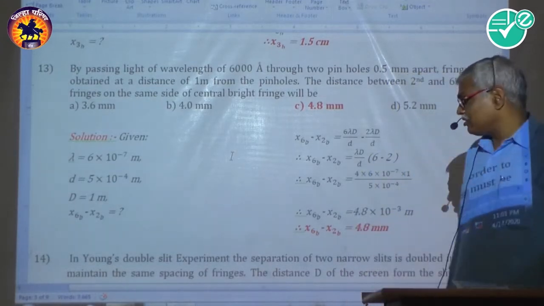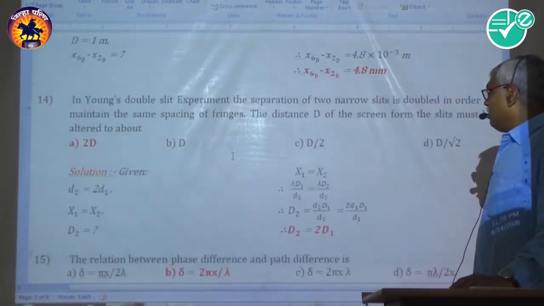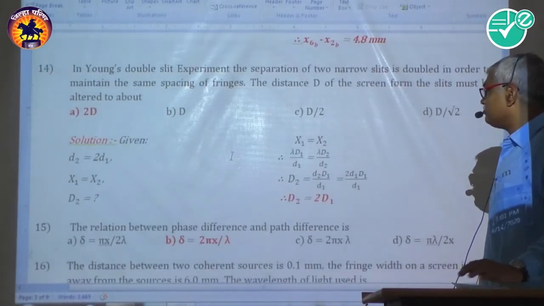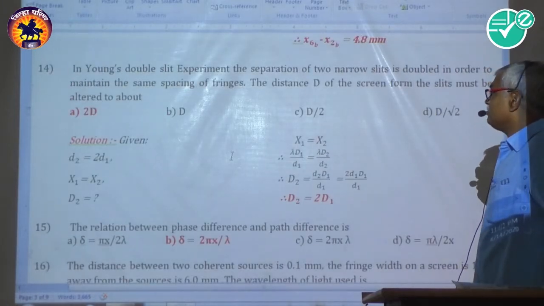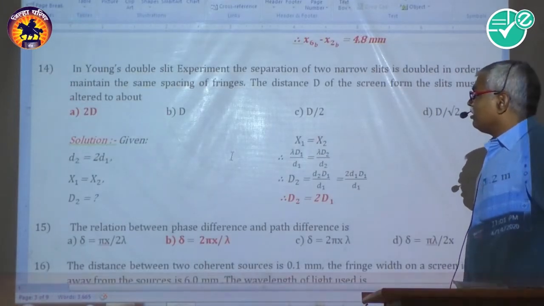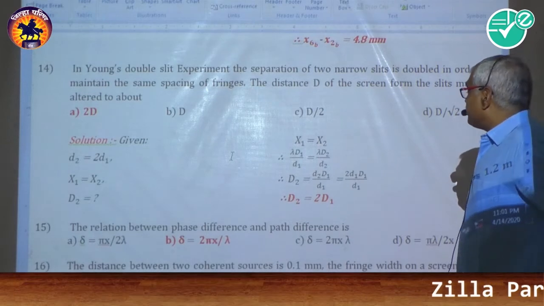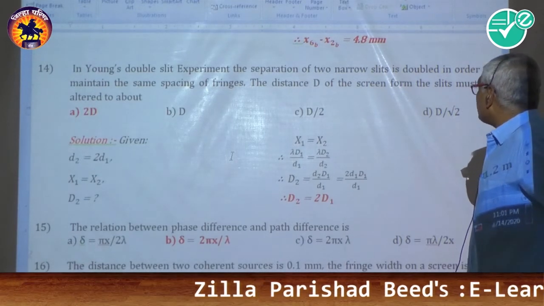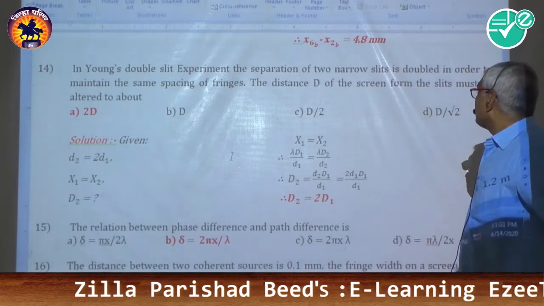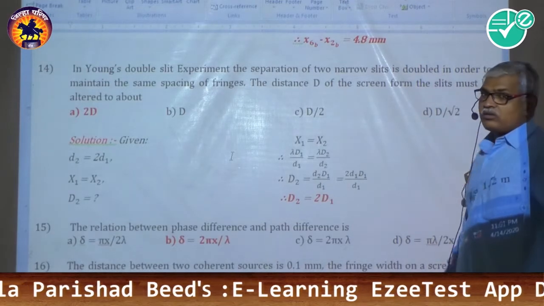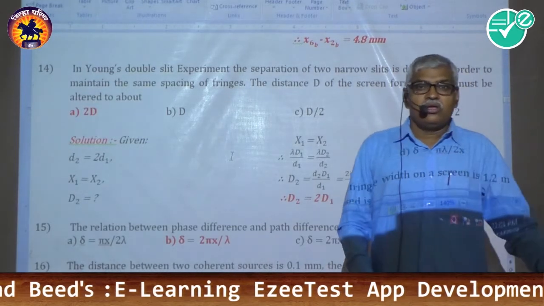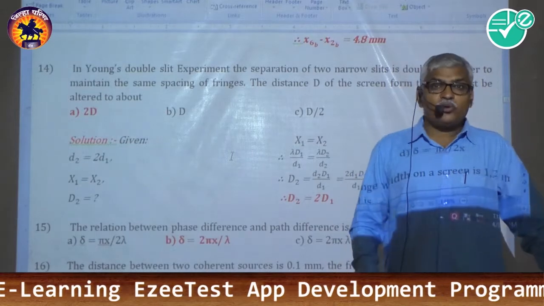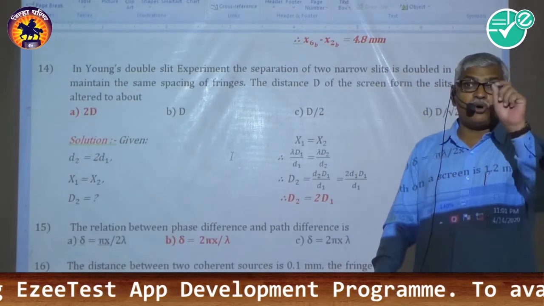Question number 14. In Young's double slit experiment, the separation of two narrow slits is doubled. Separation between two narrow slits is denoted by the symbol small d.